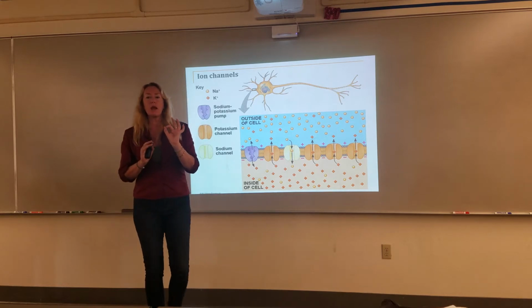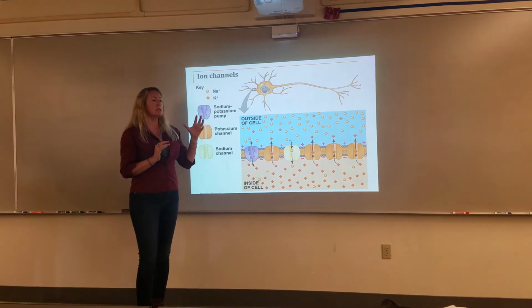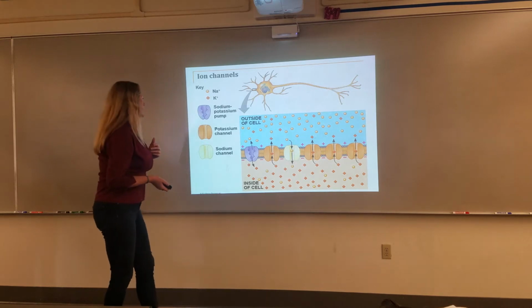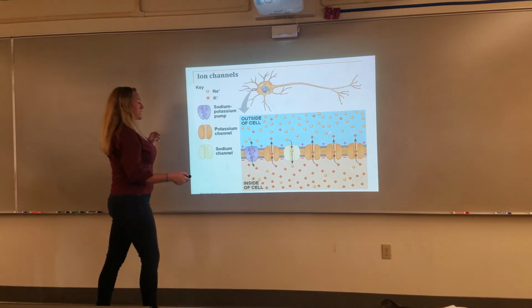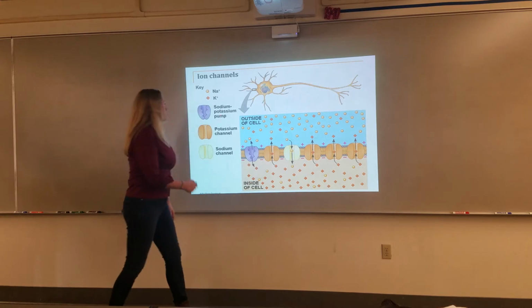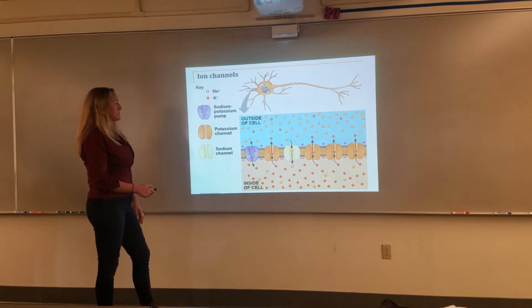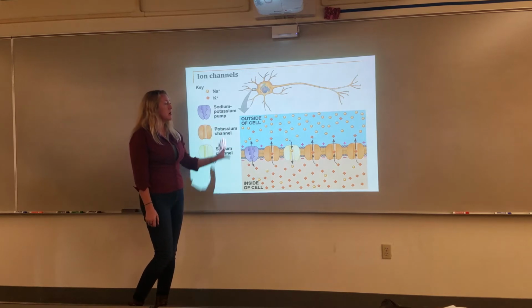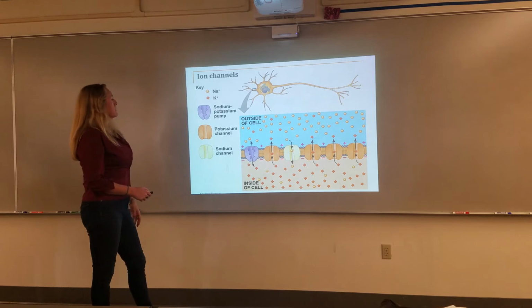But when a neuron actually gets the signal or the stimulus to fire, there's going to be opening and closing of different ion channels, so they're really important. So here's the outside of the cell, here's the inside of the cell. These are supposed to represent that sodium potassium ATPase pump, kicking the sodium out, bringing the potassium in. It's maintaining that nice concentration gradient. This is supposed to represent the potassium channel, this is the sodium channel.